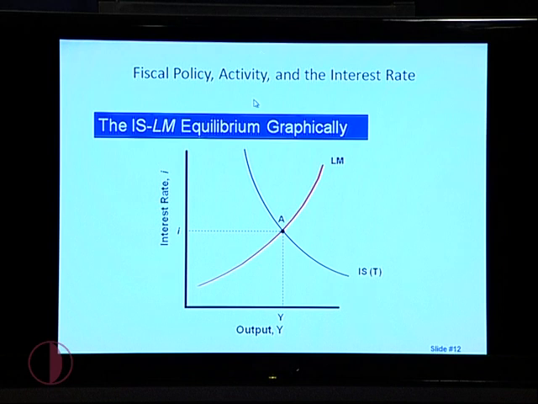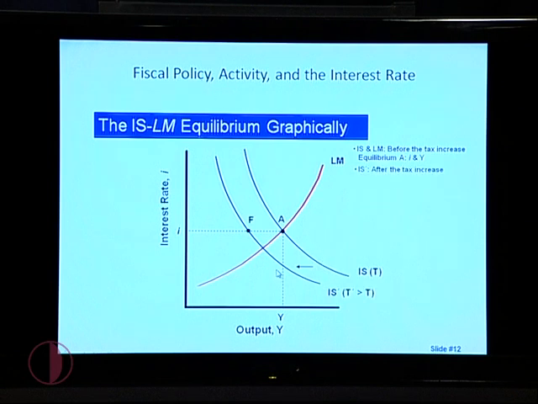So now from the equilibrium, what will shift? IS and LM before the tax increase, equilibrium A, I and Y. Then after the tax increase, it shifted back from A to F. Will the tax increase change LM?